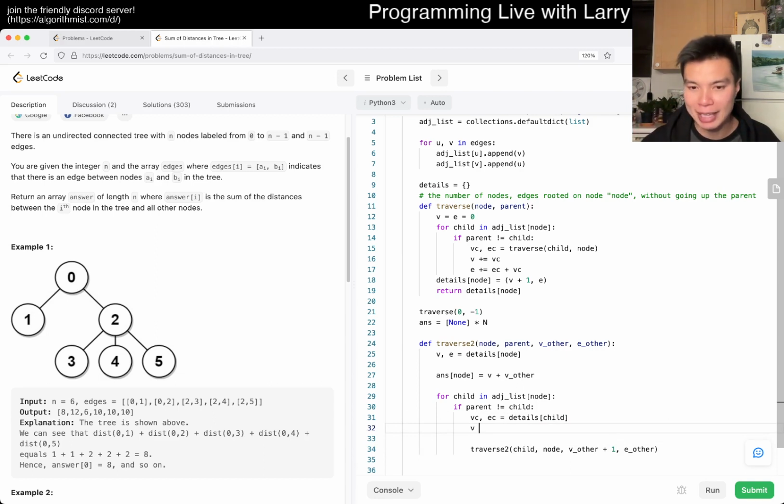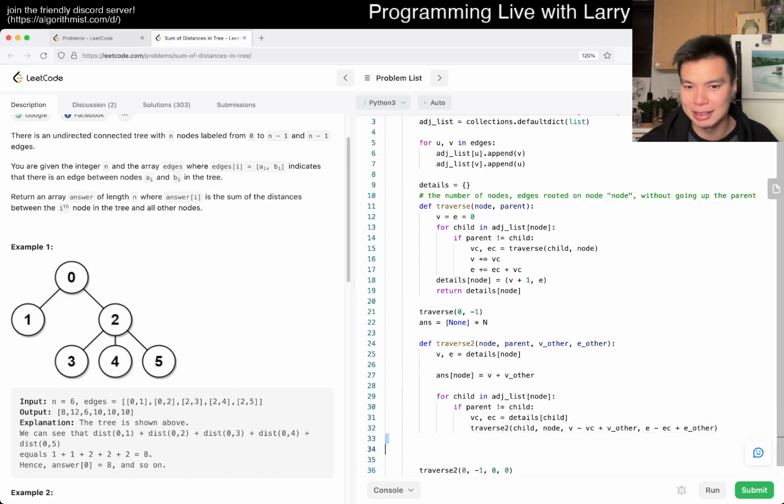So v minus vc and e minus ec is the other child, or all the other children, not including the ones from this detail stuff. Again, there may be some off by one stuff here. And then now plus v of other, because now you're counting the one coming from above. So something like this. Again, I'm prone to being off by one, but I think that's generally what I want to express, at least as an idea.